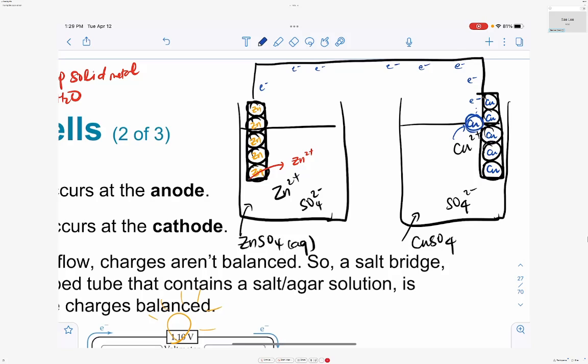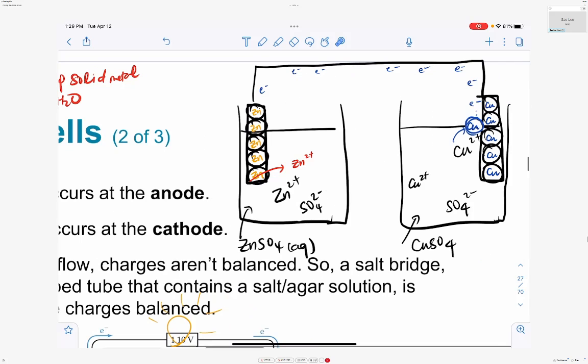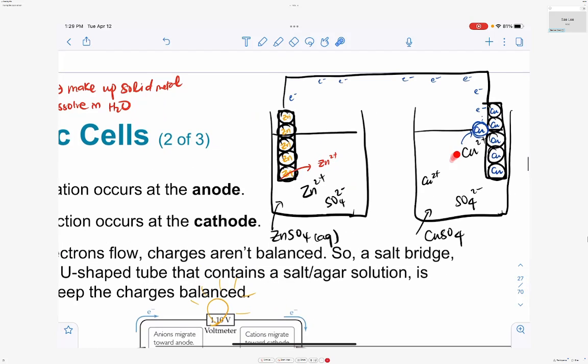And as time goes by, more and more copper 2+ floating around in the beaker will become neutral atoms, and then deposit onto this copper metal piece. So as time goes by, this piece of copper metal will gain mass, because copper 2+ ions are becoming neutral atoms over time due to the reduction.